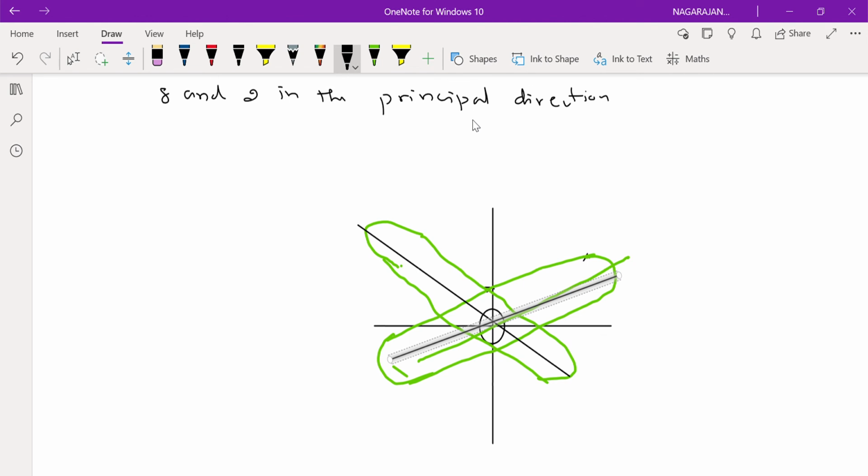Here this angle is 54.73, this angle is 144.73. So these are the principal directions, with semi major axis and minor axis 8 and 2.